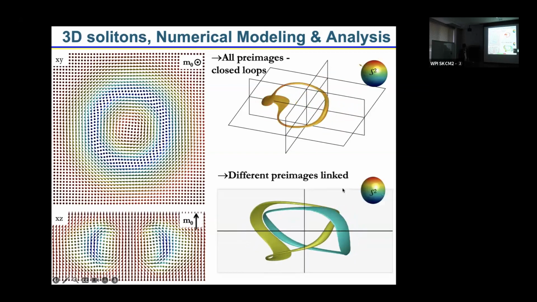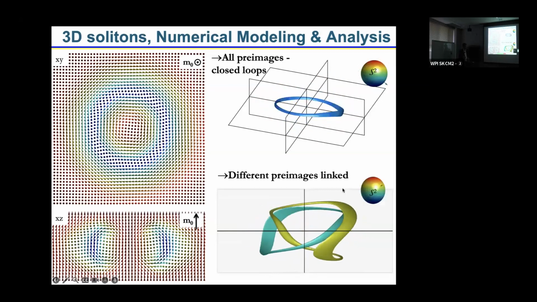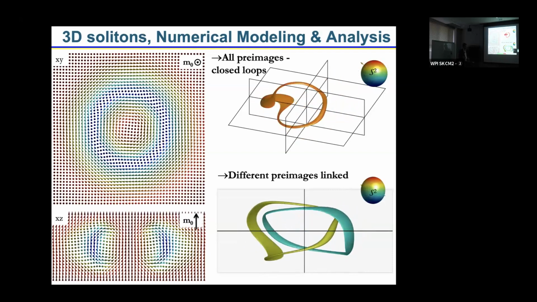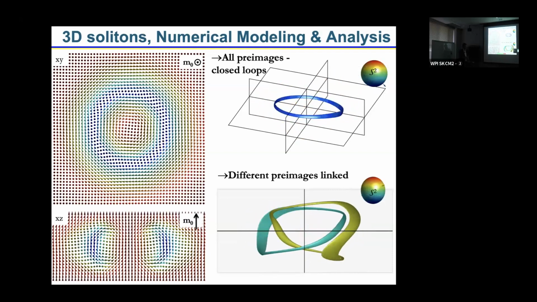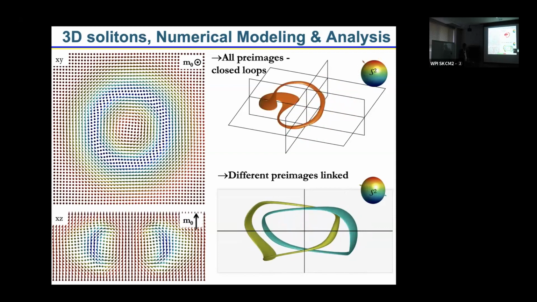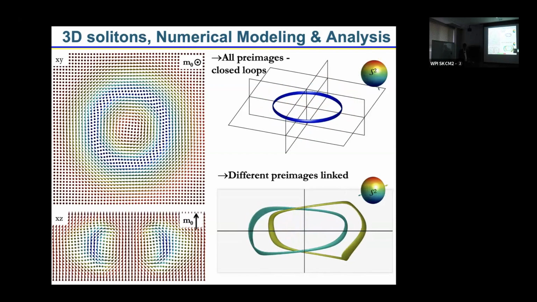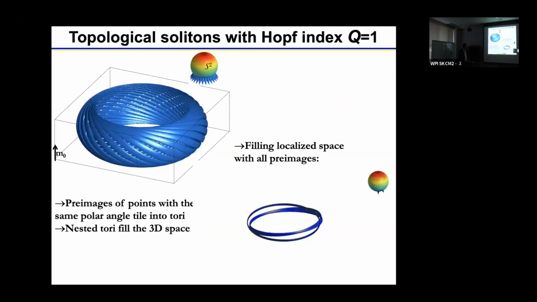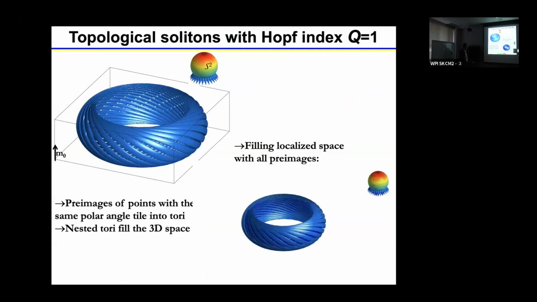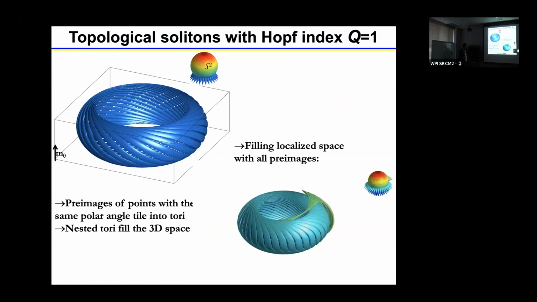And so as we would take two different points on the order parameter space, they would correspond to different preimages that are linked with each other, and all pairs of points linked exactly the same number of times, which in this case is 1. So as we would go from, say, south pole of the order parameter space to the north, we see that for every constant polar angle, the preimages tile into tori, just like the circles in the Hopf fibration do.